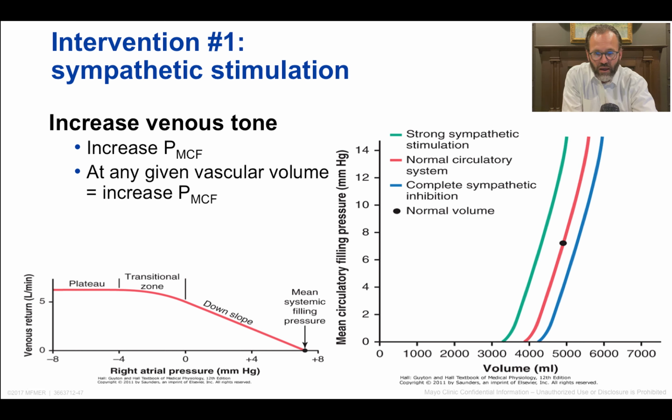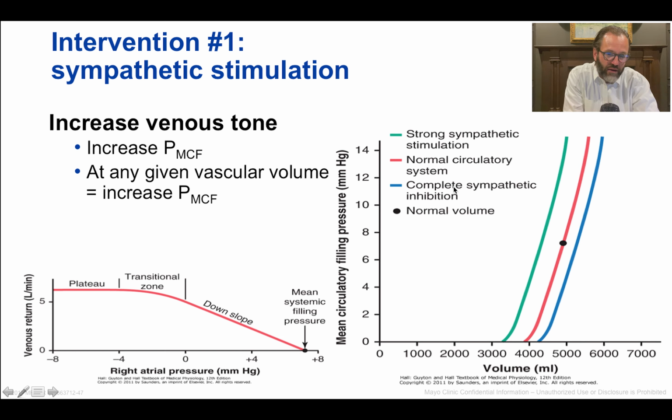Here, you're looking at roughly an increase from about 7 to over 14, which is roughly a doubling of your upstream driving pressure for venous return. And again, thinking of this in the context of your normal right atrial pressure being around 0, this is a very large increase in the driving pressure for venous return.